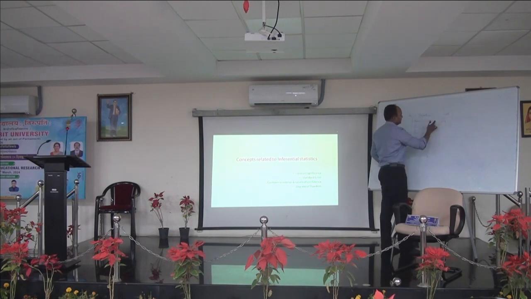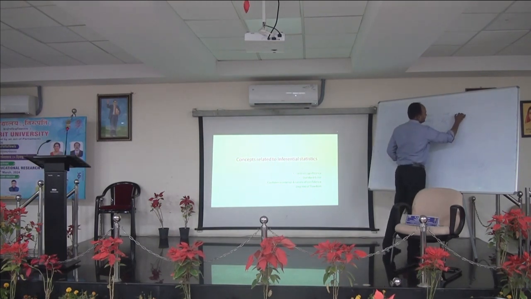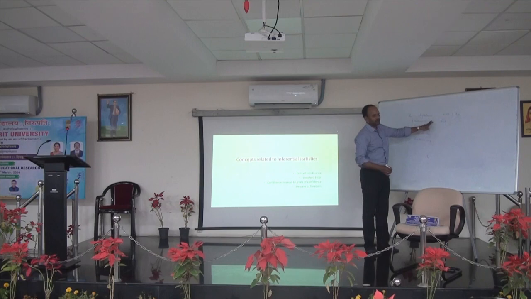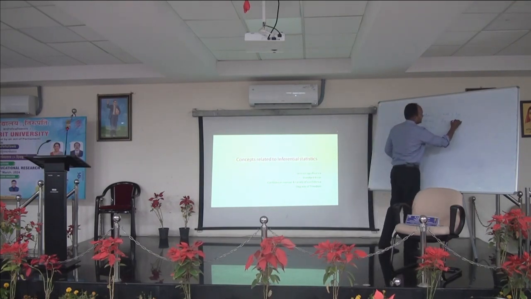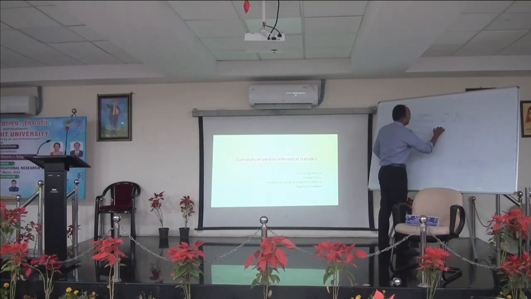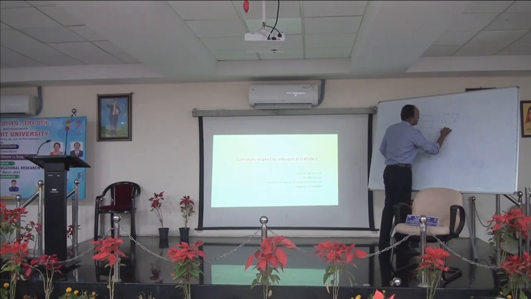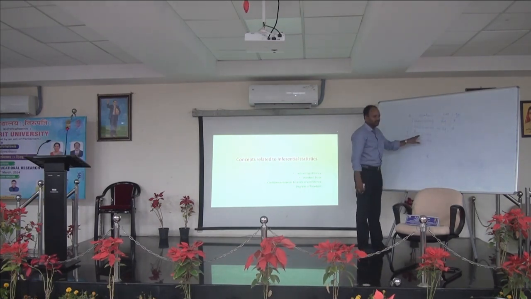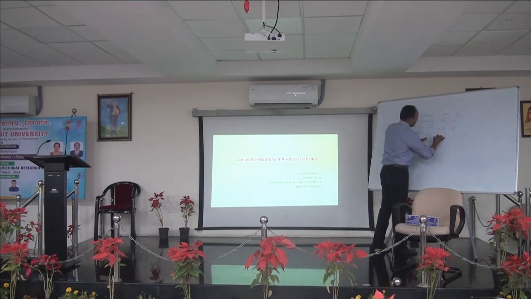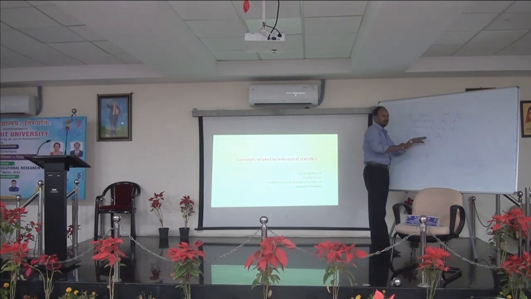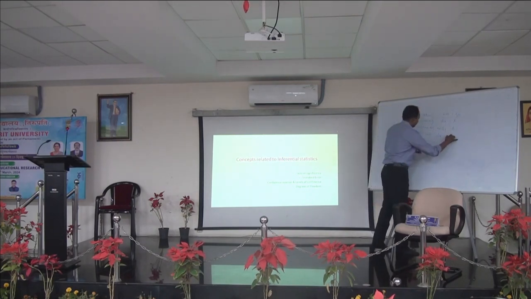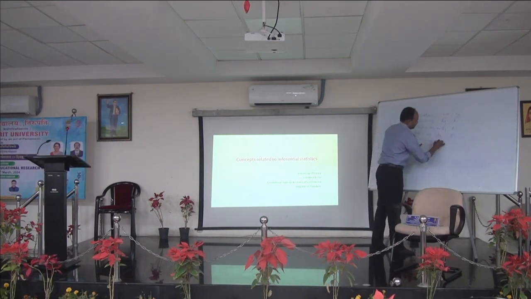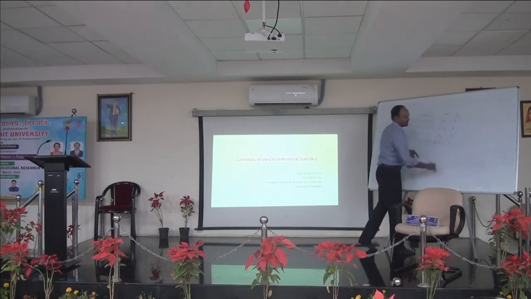Now, whether it is accepted or rejected? You say no significance here, significance here, you say it is rejected. Here no significance, here also no significance, you write it as accepted. Here you are writing it positively, there is significance, and here also it is significant. Whether you accept or reject? Accept. And there is significance, here you get no significance.